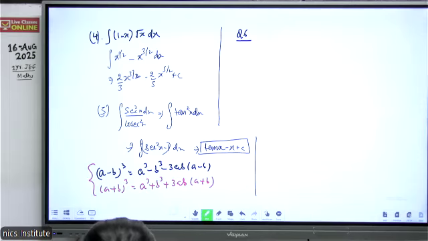Show me. This is a by b to the power x. Now you can integrate directly. I've written the identity.